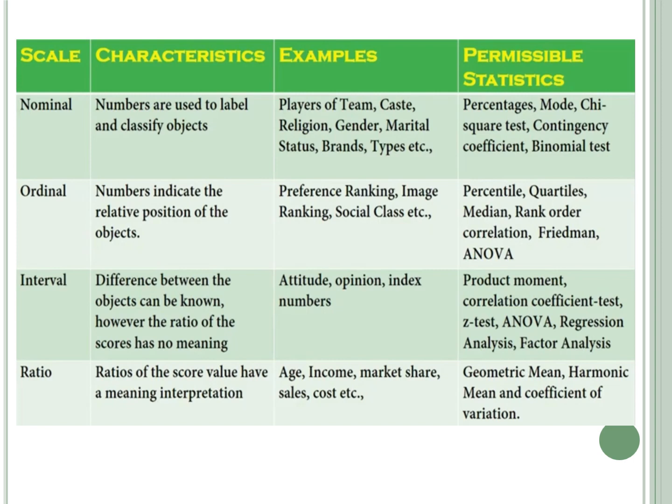For the ordinal scale, percentile, quantiles, median, rank order correlation, Friedman, and ANOVA tests can be used. For the interval scale, product moment correlation coefficient, Z-test, ANOVA test, regression analysis, and factor analysis could be used. And for the ratio scale, the geometric mean, harmonic mean, and coefficient of variation could also be used.